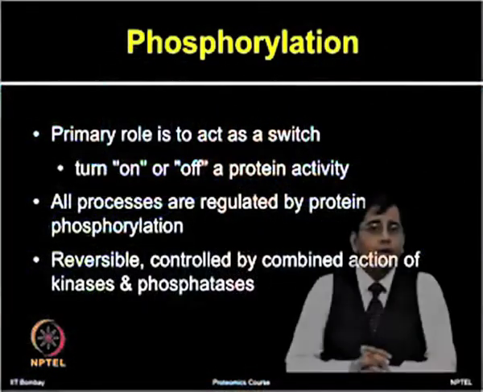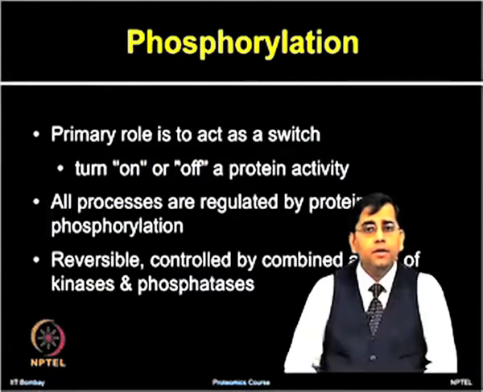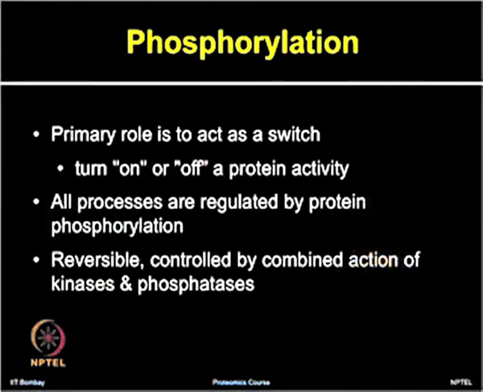Protein phosphorylation acts as a switch to turn on or turn off the protein activity and governs a wide range of polypeptides from transcription factors, enzymes to cell surface receptors.